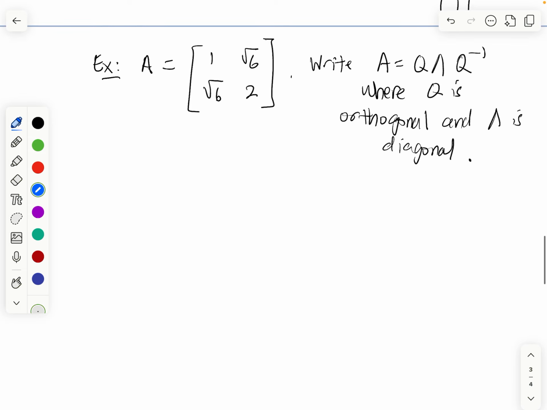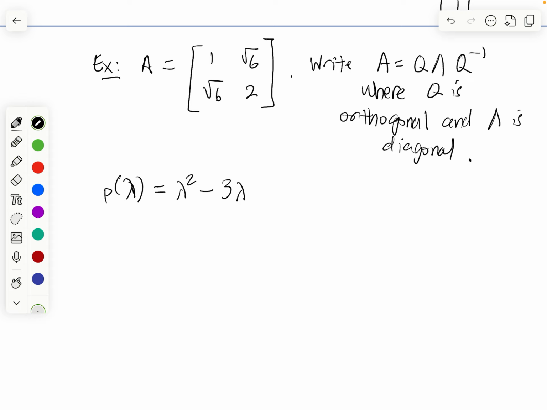So let's do it. The first step is to find the eigenvalues. To do that, we need the characteristic polynomial. And for a 2 by 2 matrix, remember that it's easy to find the characteristic polynomial. It's P of lambda equals lambda squared minus the trace, that's the sum of the diagonal entries, that's 3, so it's minus 3 times lambda, plus the determinant.